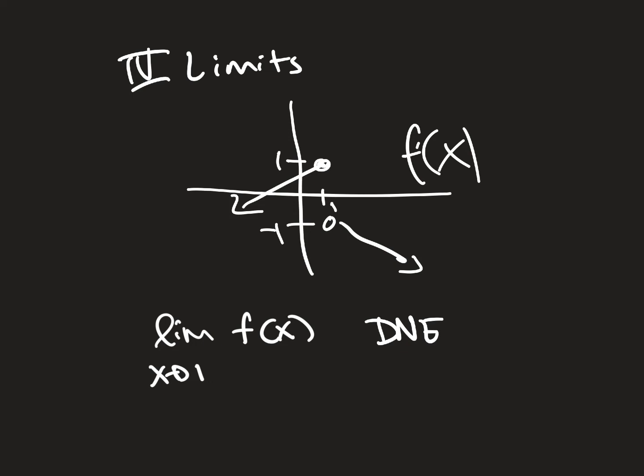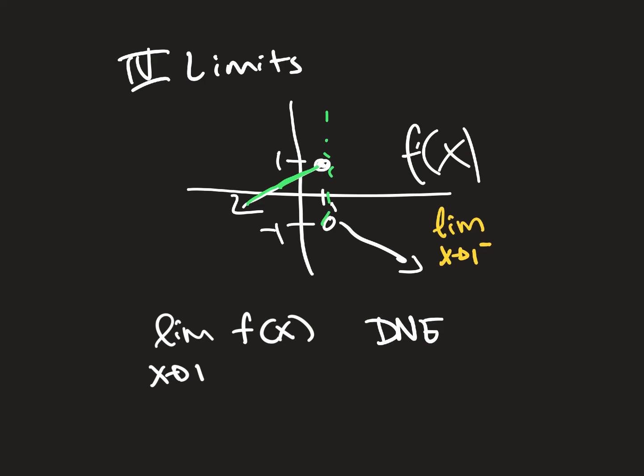So for example, for this problem, I could ask limit as x goes to 1 from the left, use that little negative sign. So if I go to my graph, I'm going towards 1 from the left. So I went to 1 and I looked at the left where the graph was.